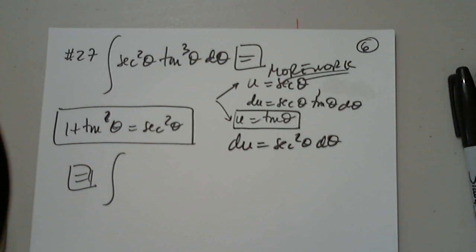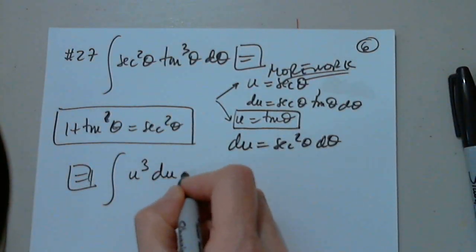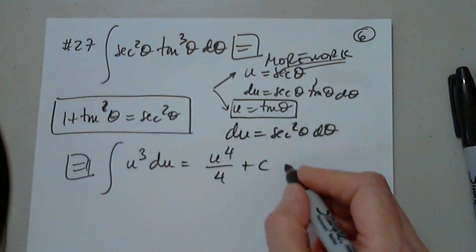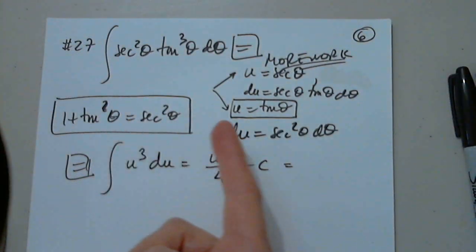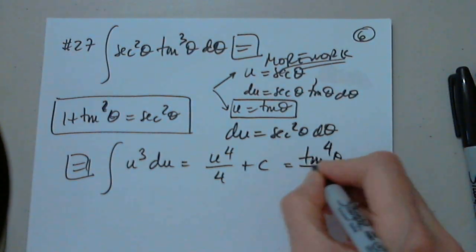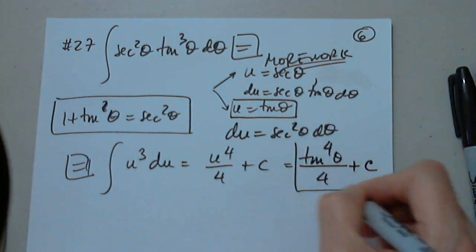How would you translate now the integral from theta directly to u? u cubed du. That's it. So then it's u to the 4th over 4 plus a constant c, and I have to go back to the substitution. Our substitution was tangent. So I have tangent to the 4th divided by 4 plus a constant c.